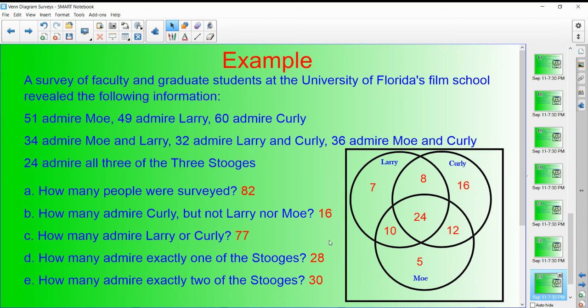So as we do these, if we set up the Venn diagram, we can count cardinalities. We can look at two intersections or three intersections, or a circle, or the part of the circle that's by itself or outside. We can look in the rest of the universe. Maybe someone, once again, doesn't like Larry, Moe, or Curly, doesn't like the Three Stooges, but that's their own prerogative.